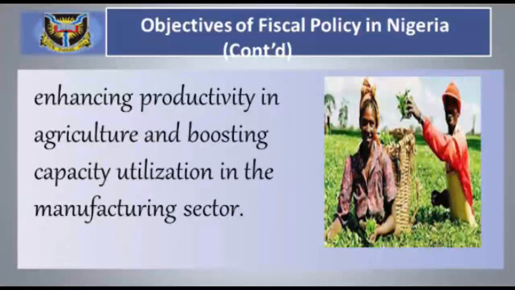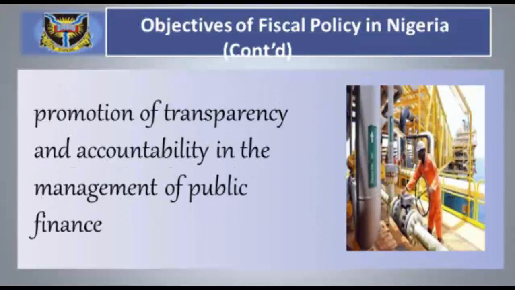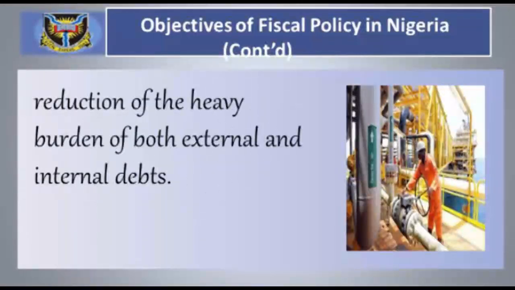Enhancing productivity in agriculture and boosting capacity utilization in the manufacturing sector. 7. Promotion of transparency and accountability in the management of public finance. 8. Reduction of the heavy burden of both external and internal debt.